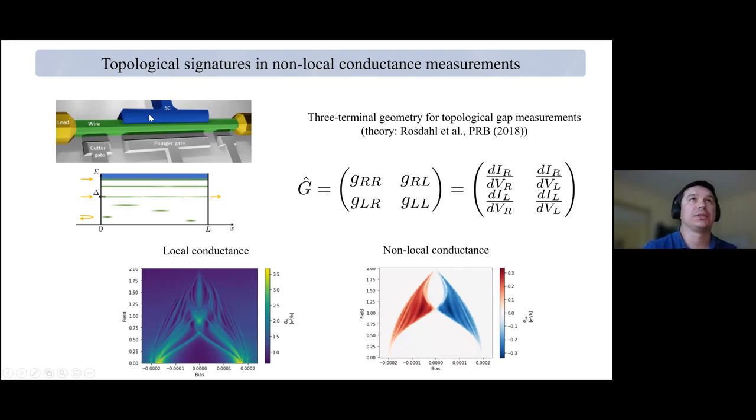And this grounding of superconductor gives the possibility to measure local physics, so essentially map out local density of states at both ends of the wire, but also measure transport through the entire device from left to right. And one of the key features of topological phases is that transition from trivial to topological phase is accompanied by a quantum phase transition that has a closing of the gap.